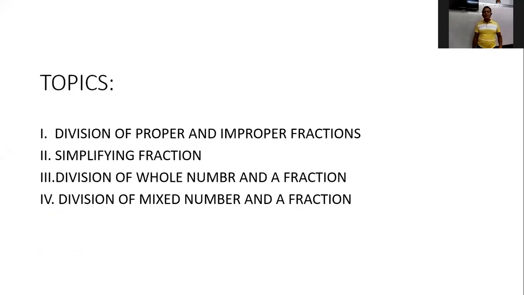Now, these are the topics that we will cover. First one is division of fraction, division of proper and improper fractions, then simplifying fractions. And when we say simplify, make it simple, to be direct, it should be to the lowest term. Then you have division of whole number and fraction, and division of mixed number and a fraction.